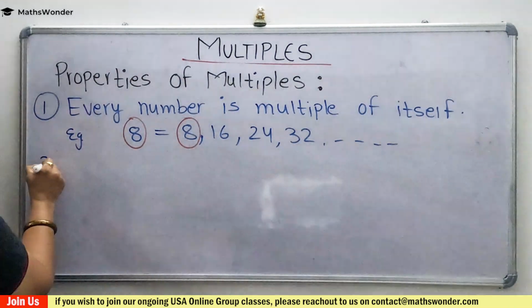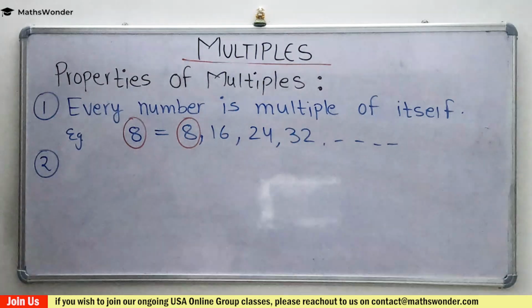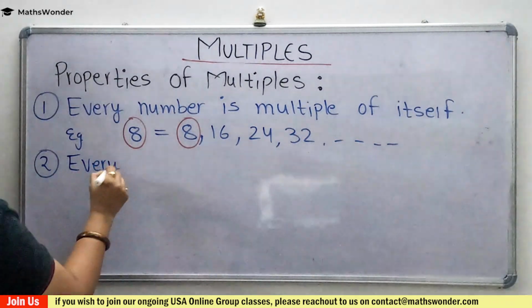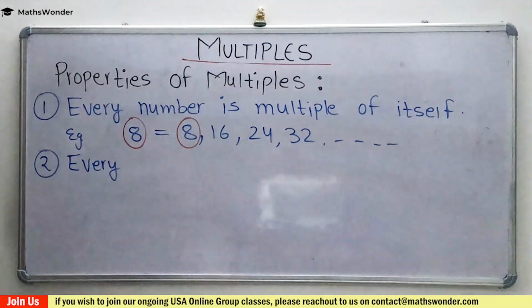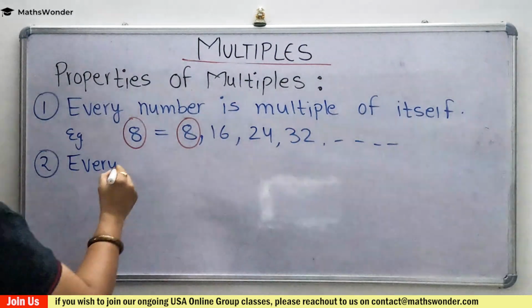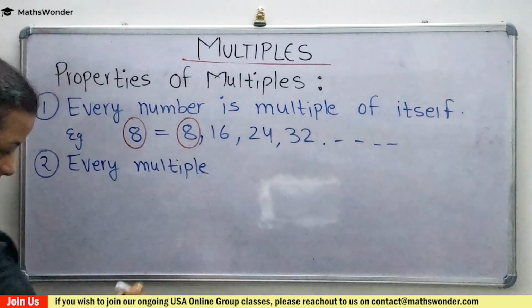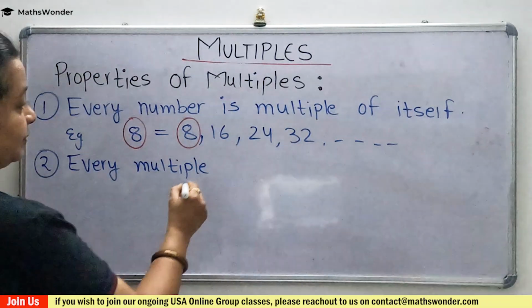The second property: every multiple of a number is either greater than or equal to the given number. And what was the factor property in the same way? Remember? Every factor is smaller than or equal to the number.